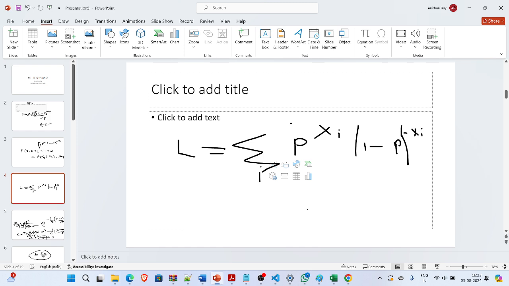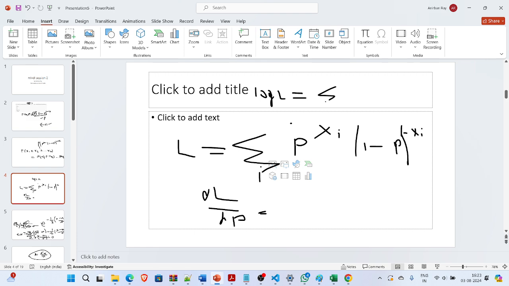The next thing we're going to do is differentiate L with respect to the only parameter we have, that is p, the probability of occurrence of 1. For that we need to take logarithm over that, otherwise it is difficult to differentiate this expression.